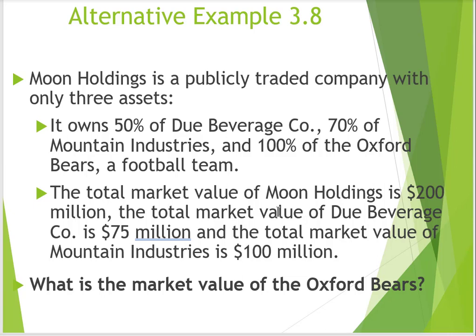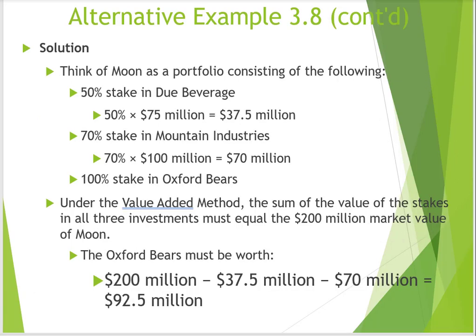So the total market value of Moon Holdings, the entire holding company, is 200 million. The total market value of Dew is 75 million, and the total market value of Mountain is 100 million. So how do we find the market value of Oxford Bears?